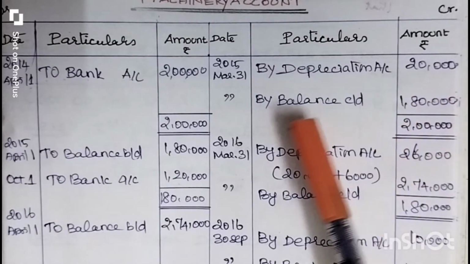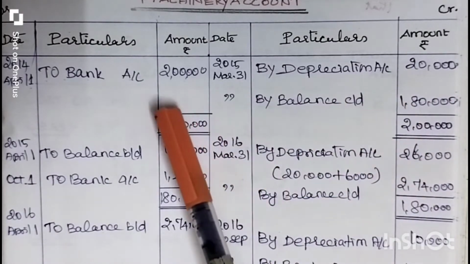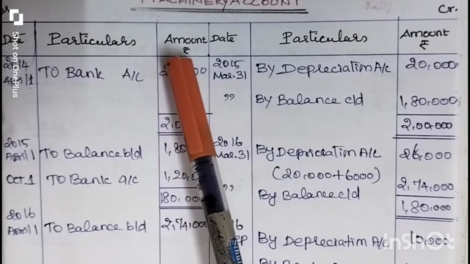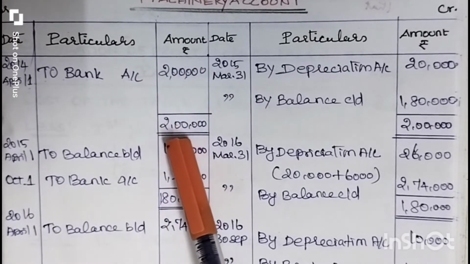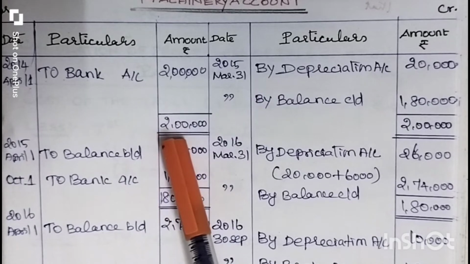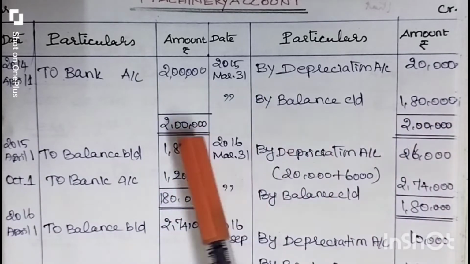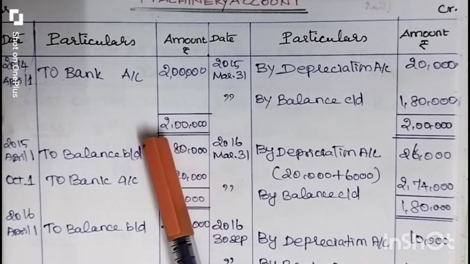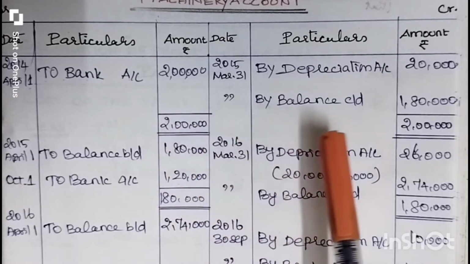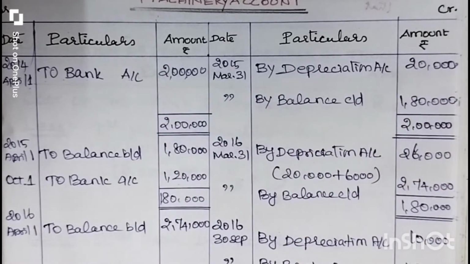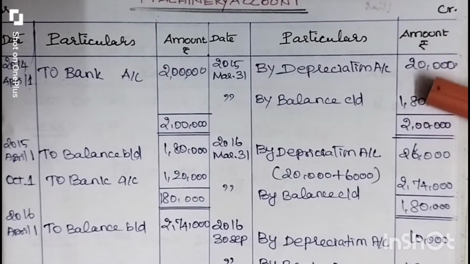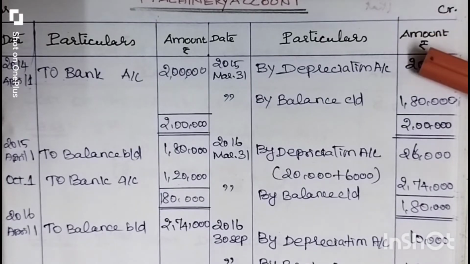Now we are going to find which side has the higher value. Debit side has the higher value. So the higher value we have to consider as the total. So we enter that higher value as the total on both debit and credit side. So we entered total 2 lakh rupees on debit side and credit side. And which side has the lesser value? Credit side has the lesser value. How much? 20,000 rupees.